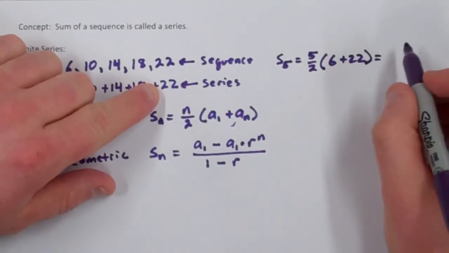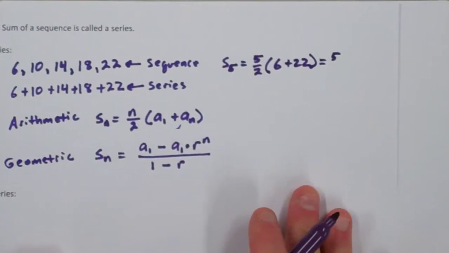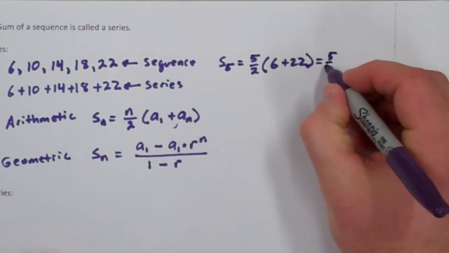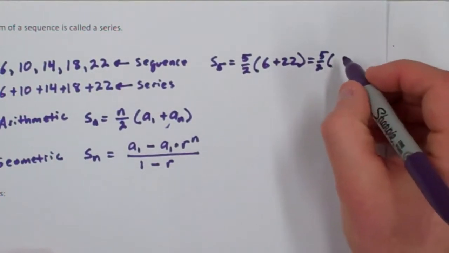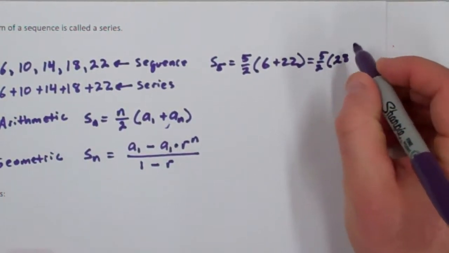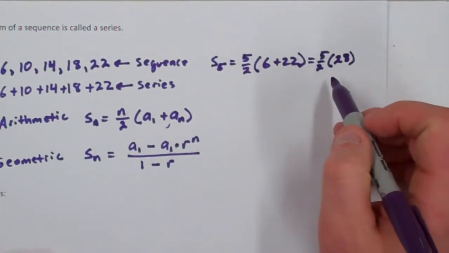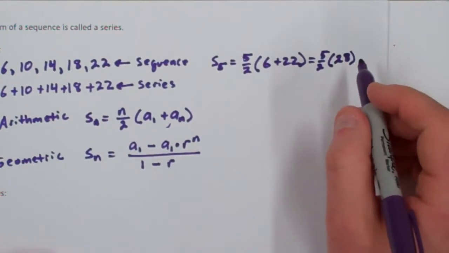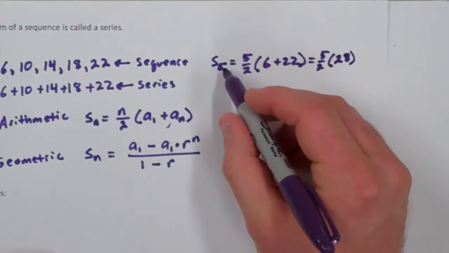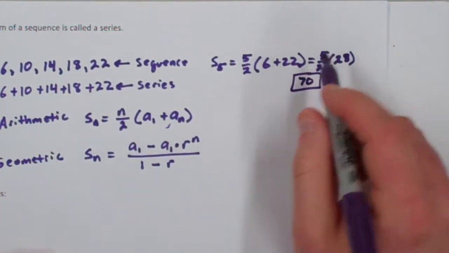If we do a little arithmetic on the right-hand side, we've got 5 over 2, and then times 6 plus 22, which is 28. 28 divided by 2 is 14, times 5, let's see, that should be 70. So the sum of the first 5 terms should be 70.